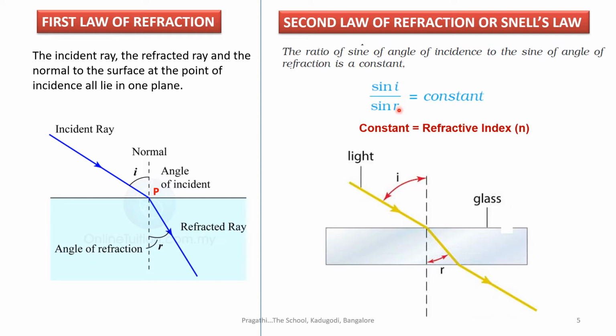You have to say refraction here because we are studying refraction. Very simple. The sine of incidence divided by sine of refraction is equal to a constant. We call that constant the refractive index, which is denoted by a small letter n. These are the two laws.